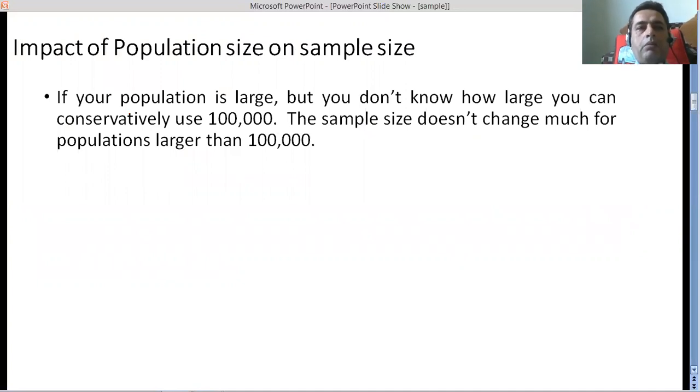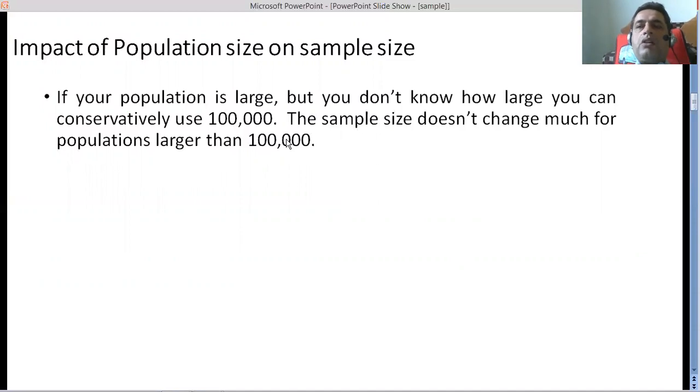What is the impact of population size and sample size? If your population is very large, but you don't know how large that population is, in that case you can conservatively use 100,000. The sample size does not change much for populations larger than 100,000, okay?